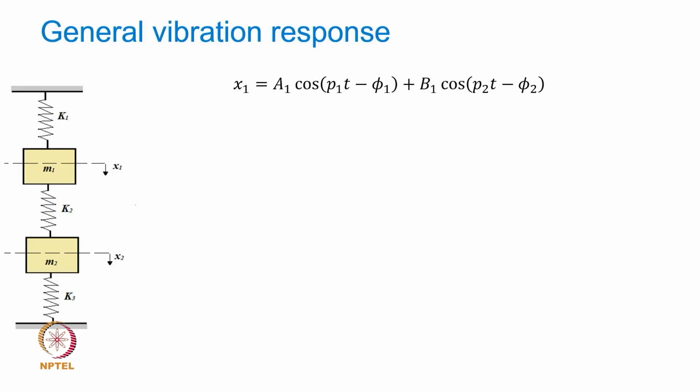So, we had this B1 cos(P2 t minus phi 2), and A1 and B1 represent the strength of each contribution to the overall response.